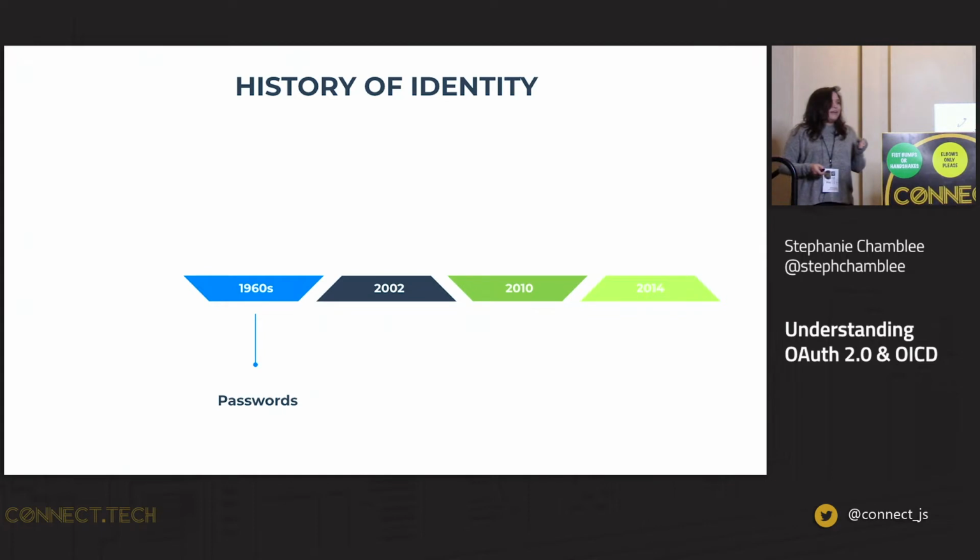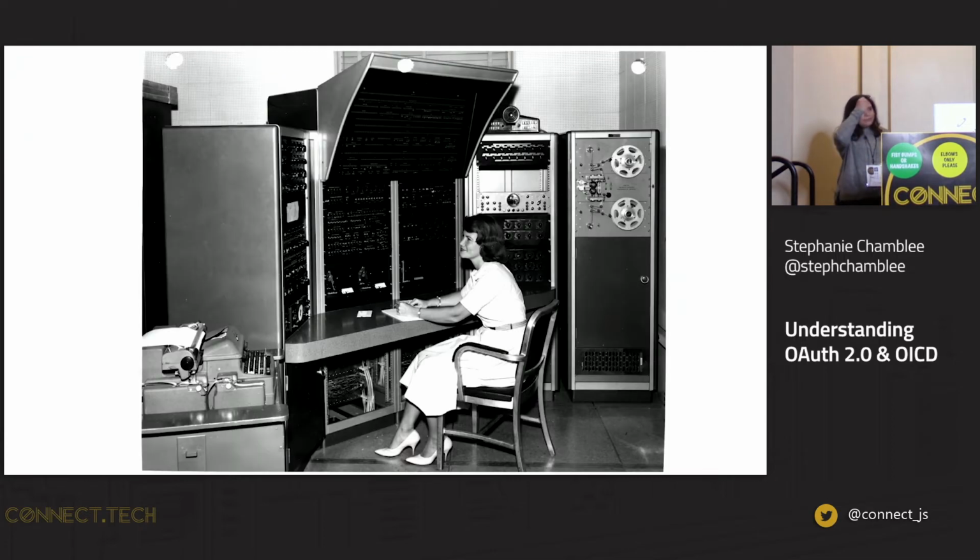So first, let's talk about the longest standing tradition in identity, the simple login. So back in the day, not necessarily my day, when computers were new and humongous and many people shared the computer, there was a need for files to be kept separate so that you would not accidentally see someone else's research.